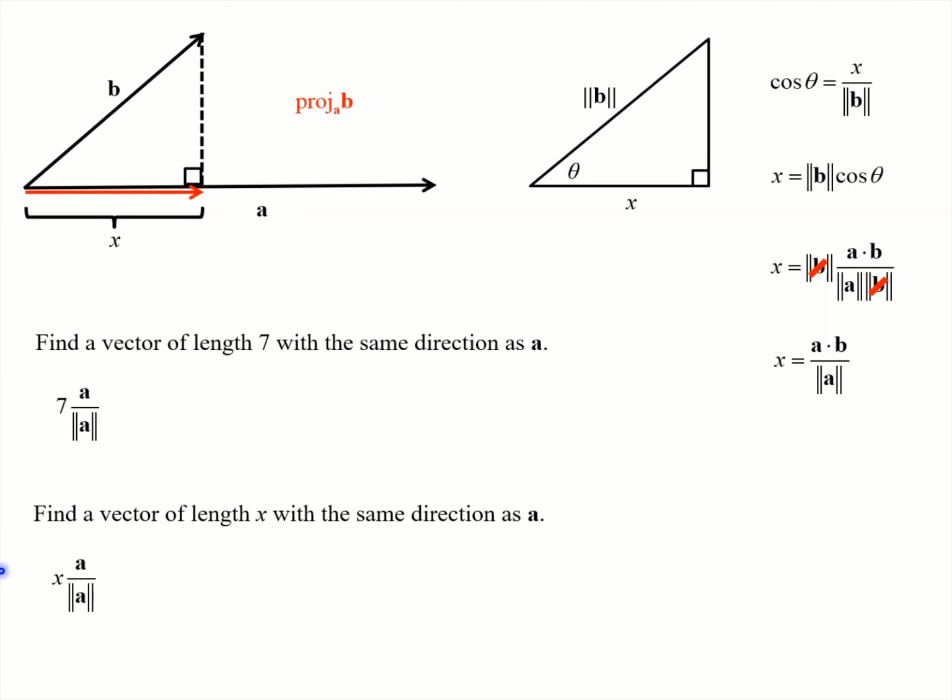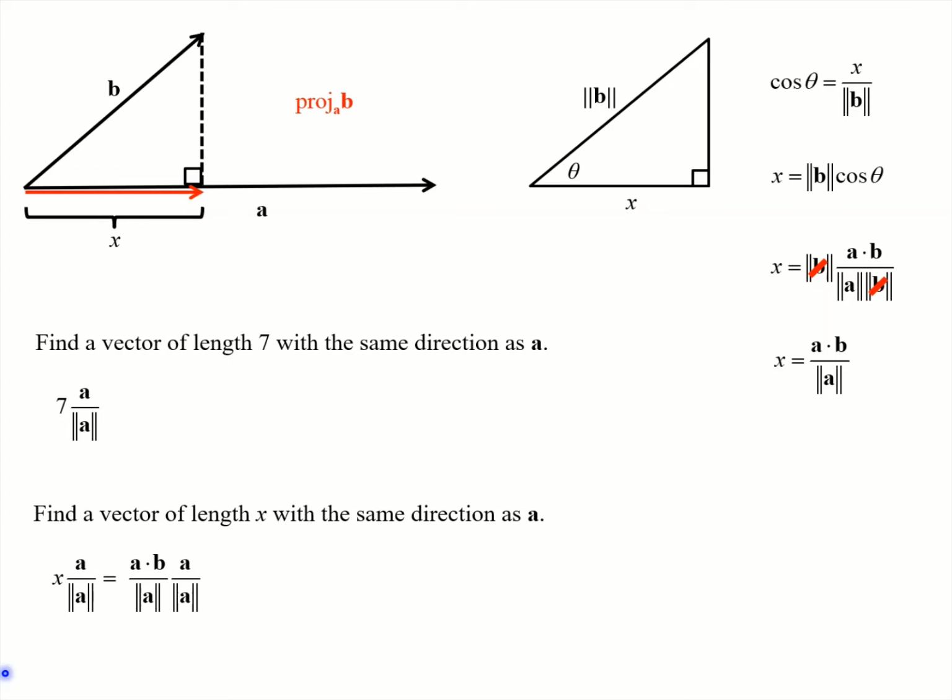Well, X happens to be the length of the projection. So I'm going to replace this X right here with this expression, A dot B over length A. So that's what I'm going to do, and it's going to look a little messy. Whoa! So on the top I have A dot B, which gives me a number, a scalar. Then I have a vector A that's to the right of that.